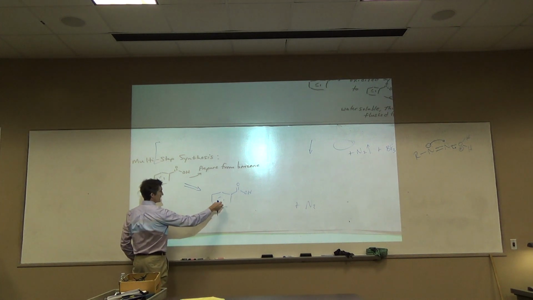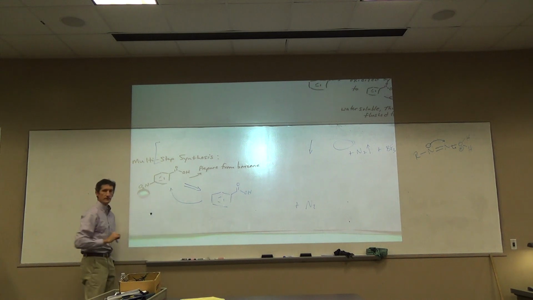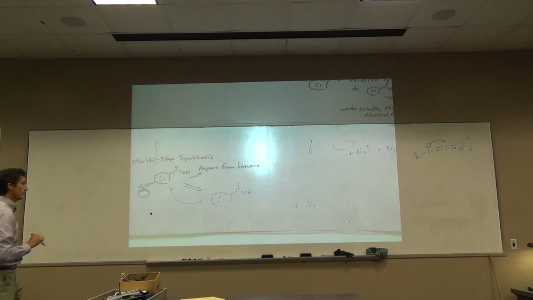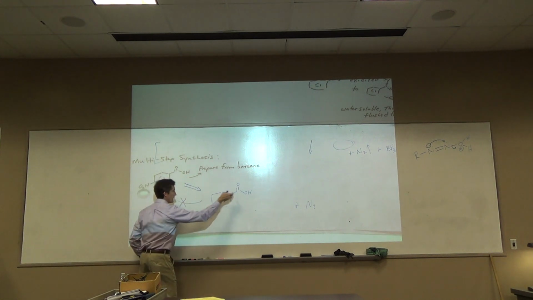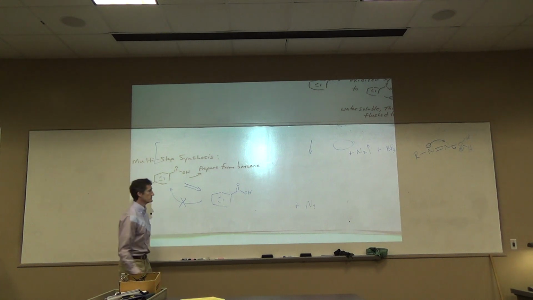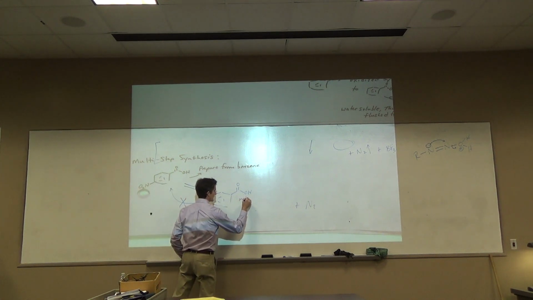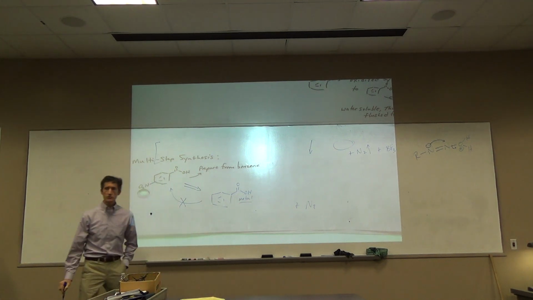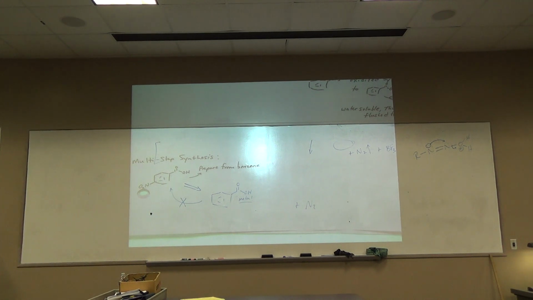Is this reasonable? If we had benzoic acid, could you nitrate it and get that? No, why not? It's a meta director. So we cannot propose just having benzoic acid and nitrating. No good.